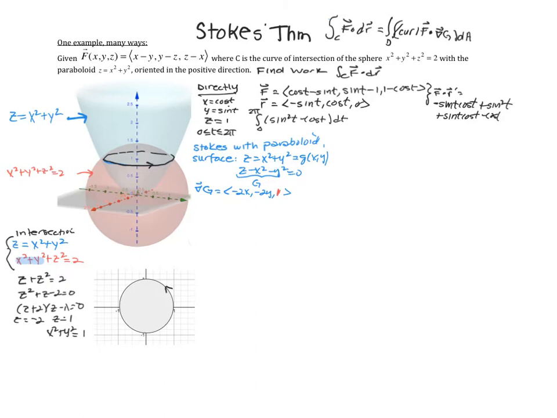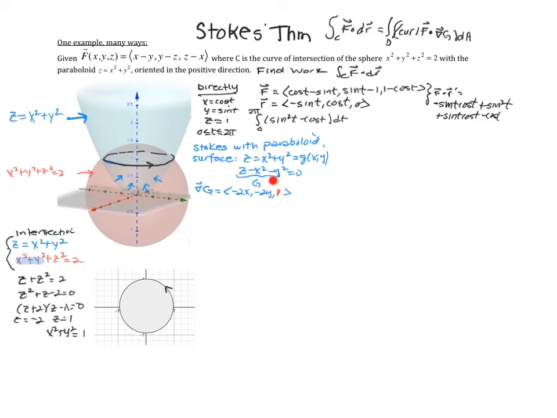This is where I ask whether or not that's what I want, positive 1. The orientation of the curve is positive, and the orientation of the surface must also be positive. And so, yes, this is what we want.